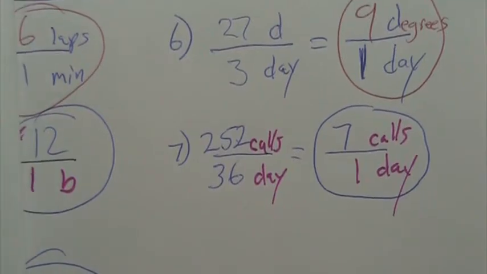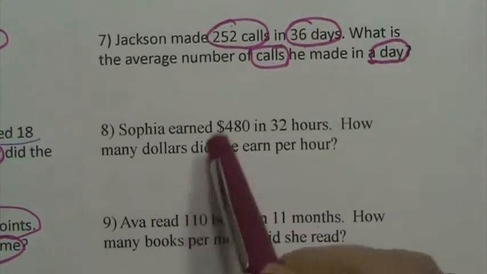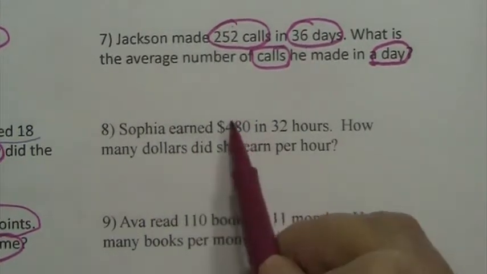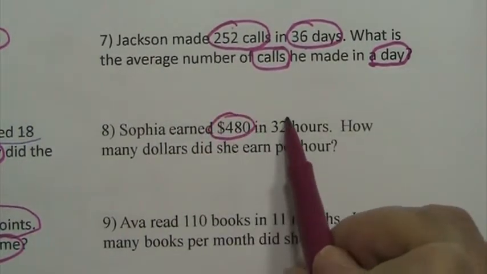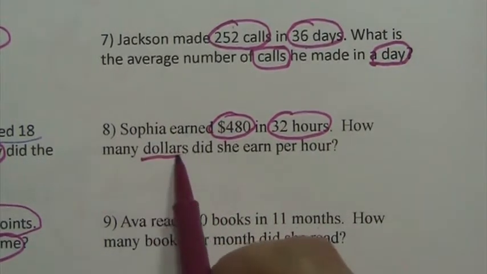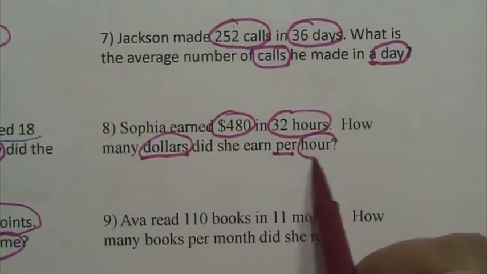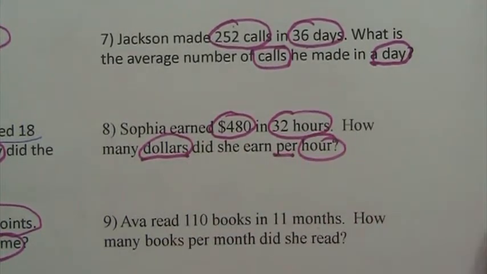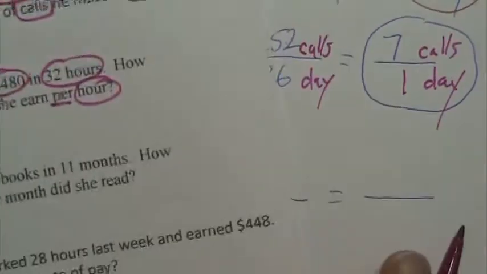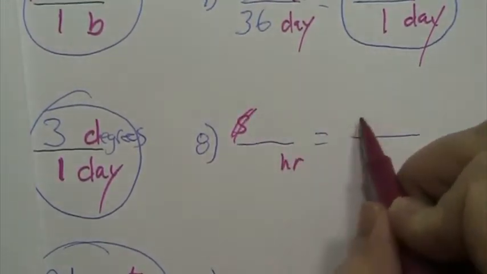Okay, so number 8. Sophia earned $480 in 32 hours. And what is it asking? It's asking for dollars per hour.